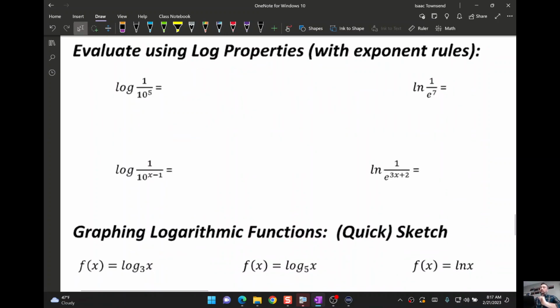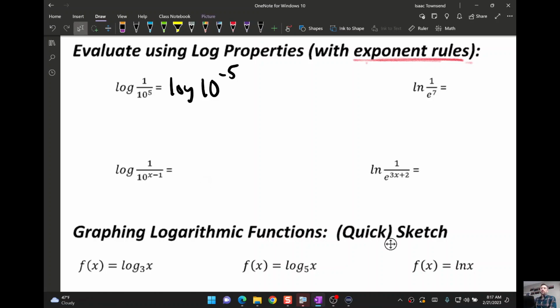Okay. Evaluate using log properties. So if we use some exponent rules, this is where it kind of helps to do 3.1 first. So 99 times out of 100, if you have a negative exponent, you move it to the opposite side to make it have a positive exponent. But on this question, I'm moving this from the denominator to the numerator, so I'm changing its sign on its exponent.